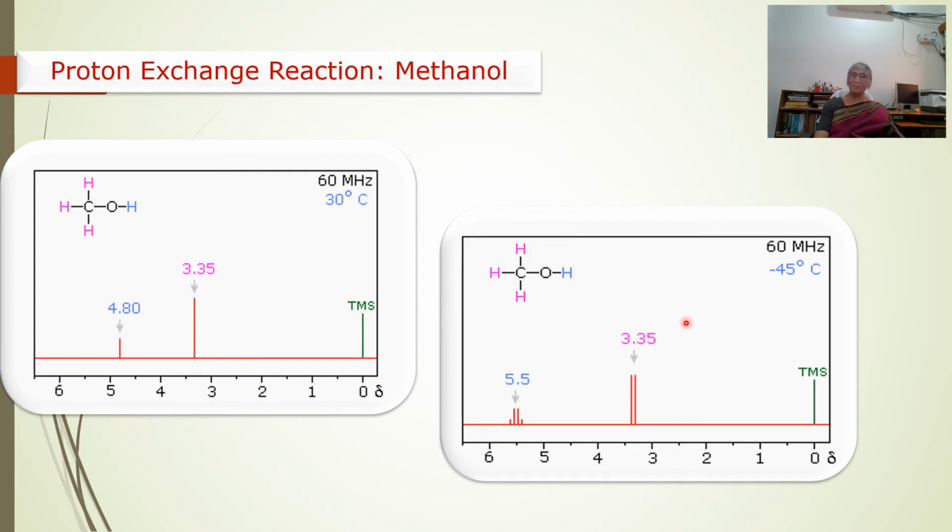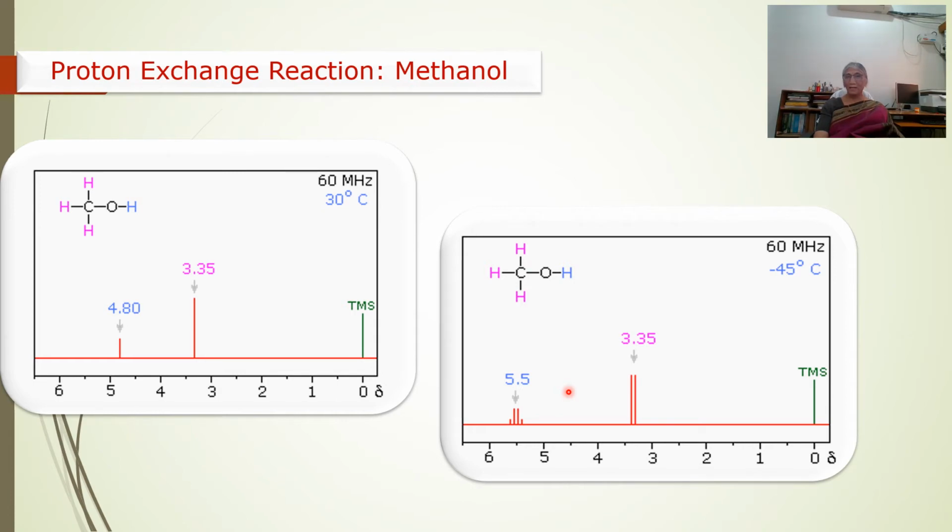Similarly here, when the spectrum is recorded at minus 45 degrees centigrade, the molecule is frozen and the rapid exchange of the hydroxyl proton is not seen. Therefore, the residence time of the hydroxyl proton on oxygen is more than delta T, and therefore the hydroxyl proton couples with the three methyl protons and a quartet is seen for the hydroxyl proton at 5.5 ppm.